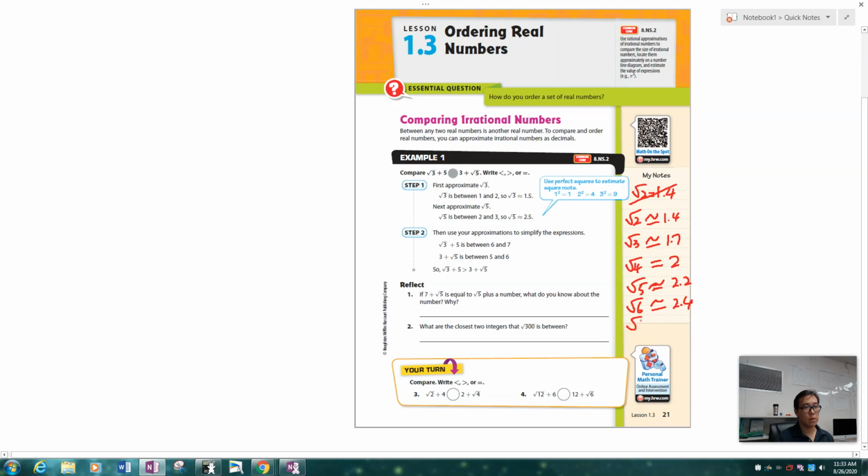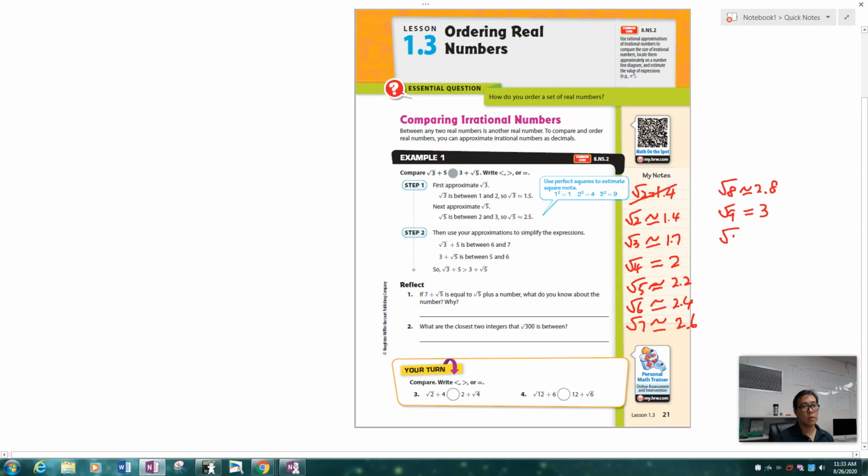Square root of 7 is approximately equal to 2.6, and square root of 8 is approximately equal to 2.8, and square root of 9 is equal to 3.